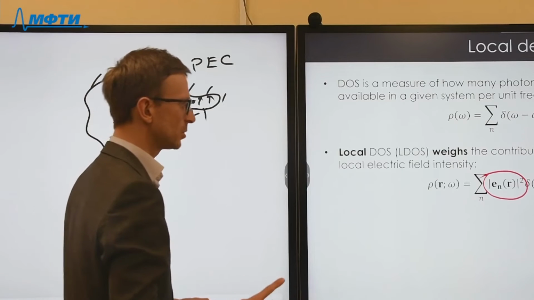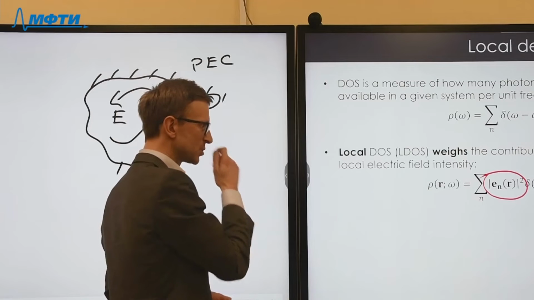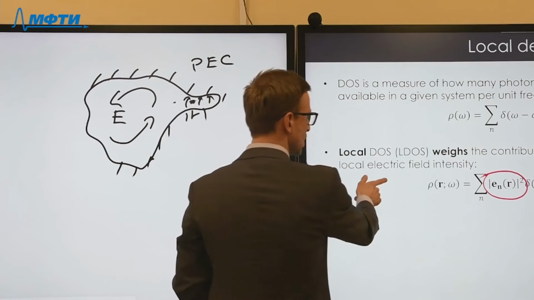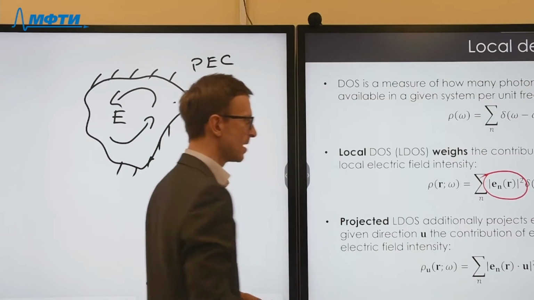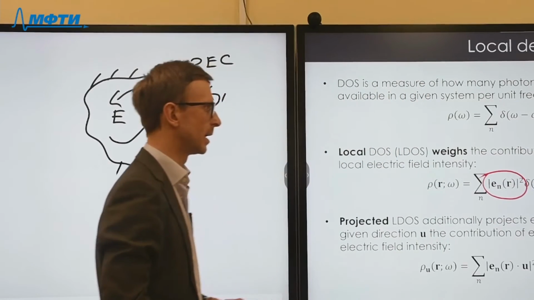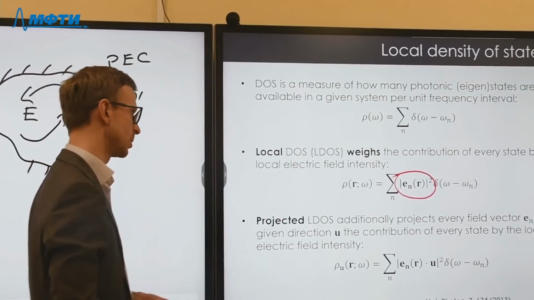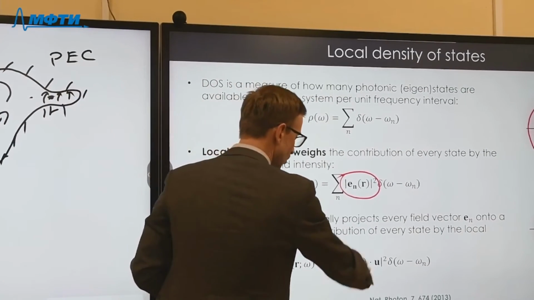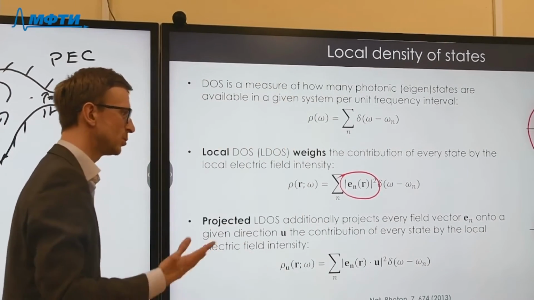Now, in order to introduce the projected local density of states, we're going to modify this once again, and instead of just weighing these delta functions by the local electric field intensity, we're going to weigh them by the projection of the electric fields onto some unit vector.